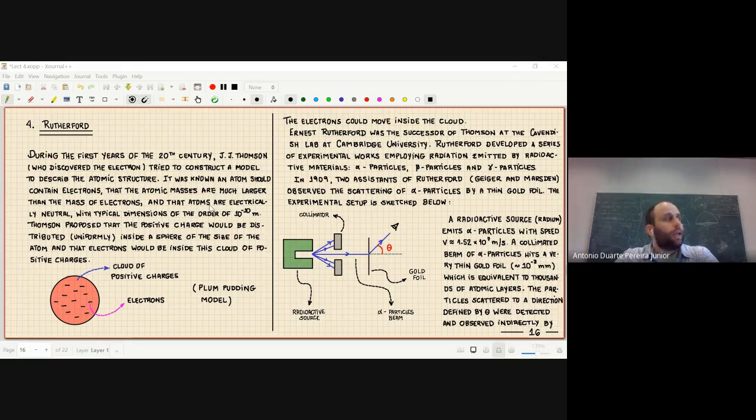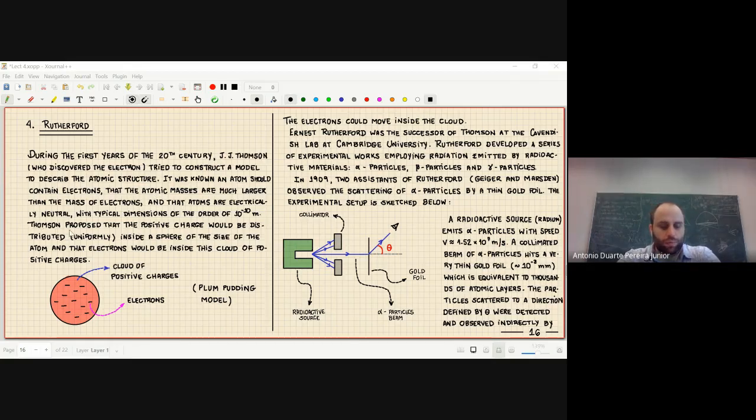So if electrons are part of the atom, then the atom must have something else with positive charge, in such a way that it is electrically neutral. So the mass of the electron is not enough to describe the mass of the atom, and the charge of the electron is not enough to describe the charge of the atom.